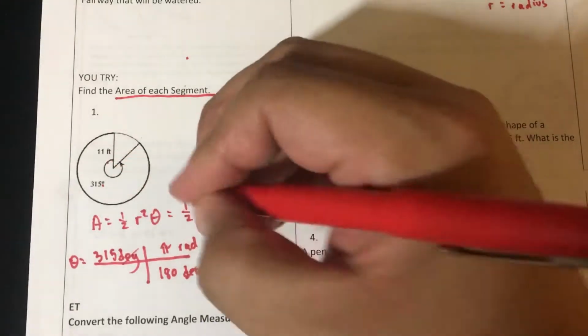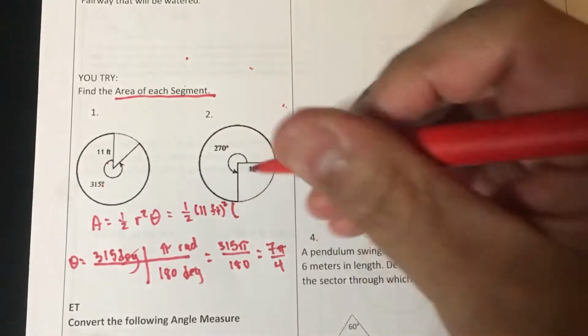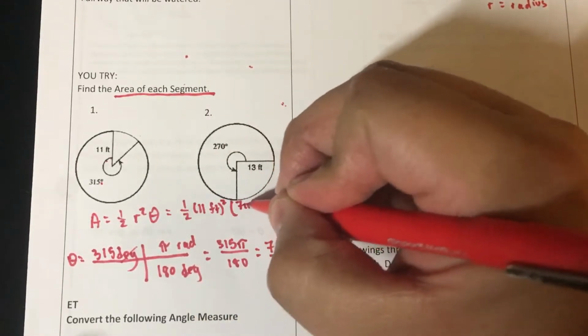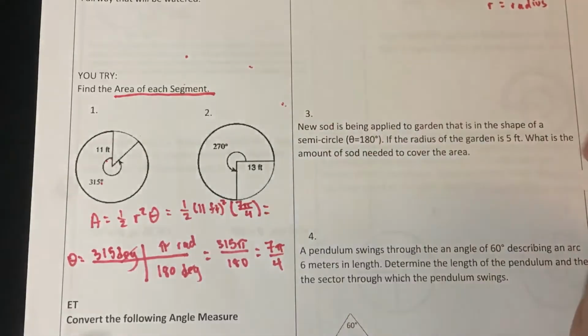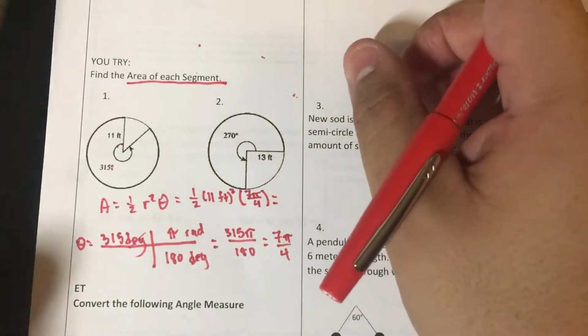Okay, so when I plug it into my equation, I'm left with 1/2. My radius here is 11 feet squared, and my angle is 7 pi over 4. Okay, so this most likely you'll get a calculator for, so I'm just going to plug all this in.